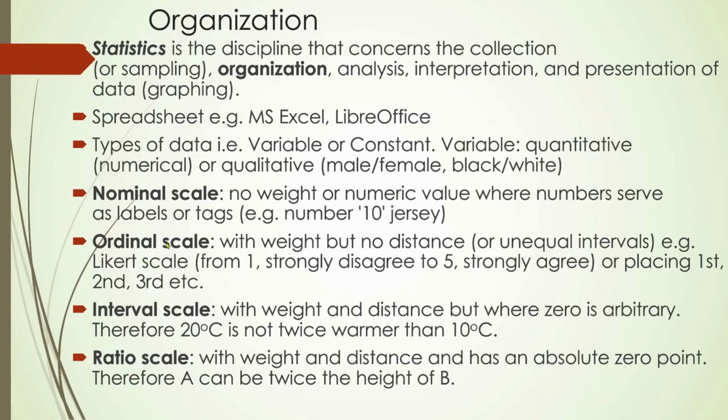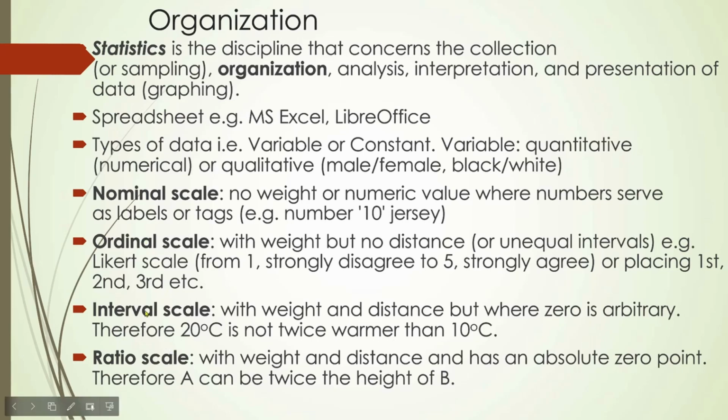For an ordinal scale, the numbers have weight, but there is no distance. For example, the placing: first, second, and third. First is better than second, second is better than third. However, the distance between first and second, and second and third may not be equal. So that will be an ordinal scale.